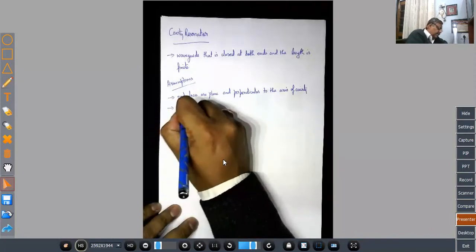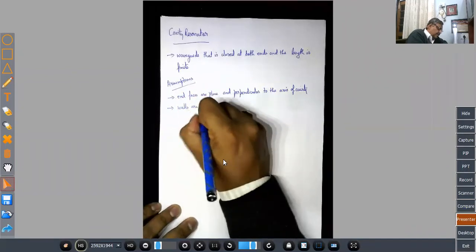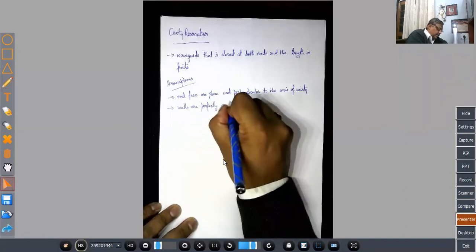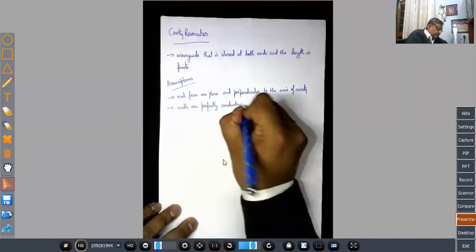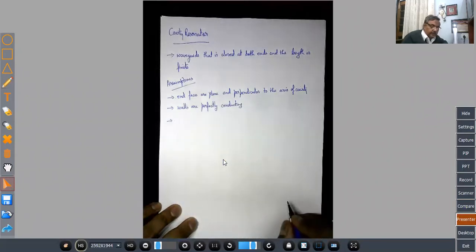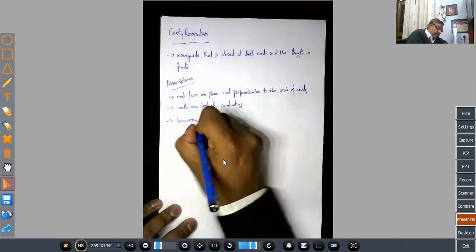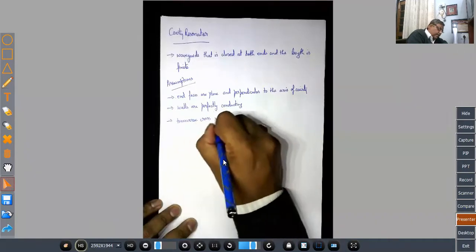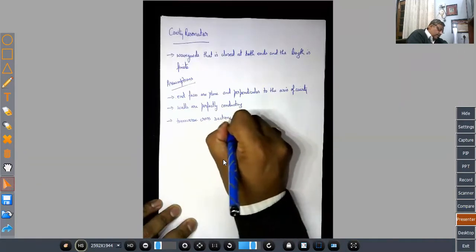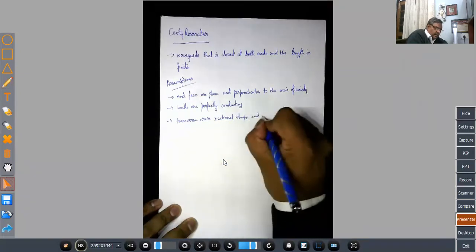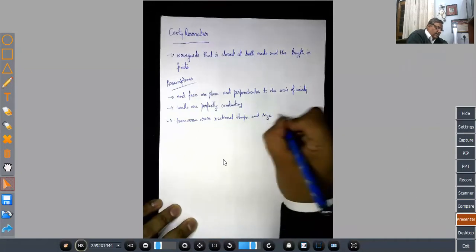दूसरा assumption है that the walls are perfectly conducting. Transverse cross-sectional shape and size are uniform.